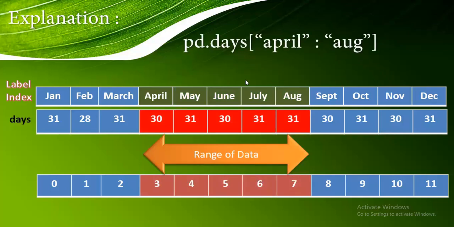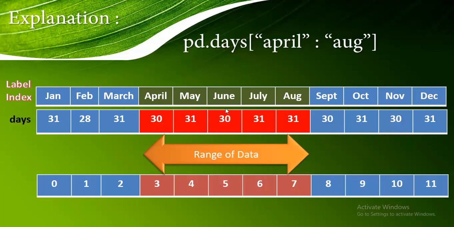Then if you want to access a part of a series or a range of a series, we will use the colon. This is April colon August, which means it will display the data items from April to August, that is 30, 31, 30, 31, 31.